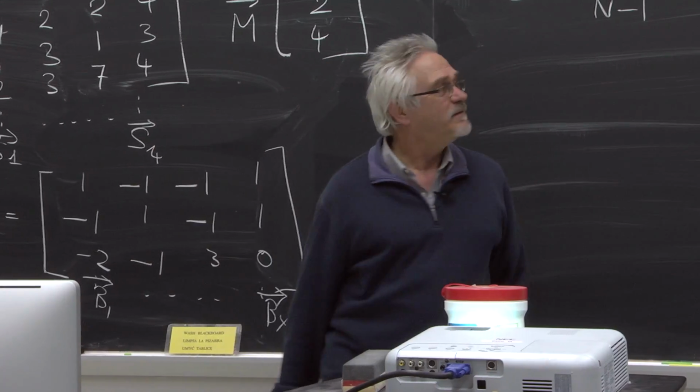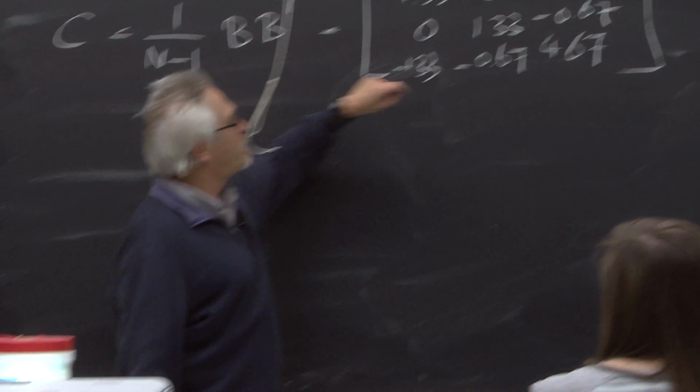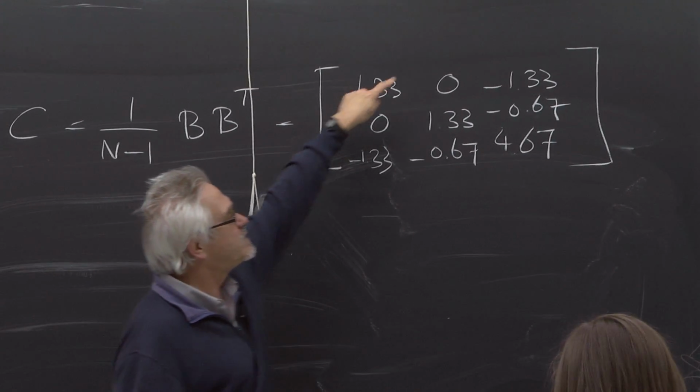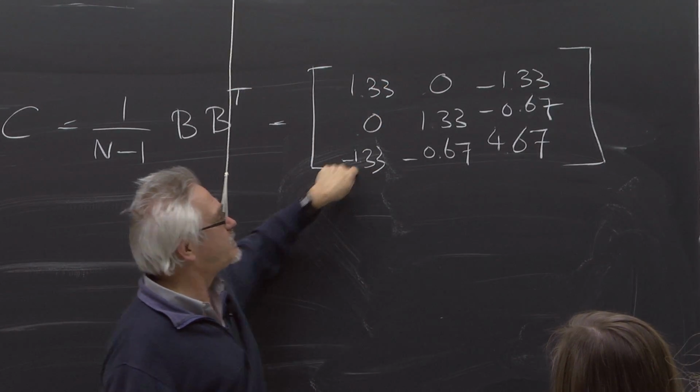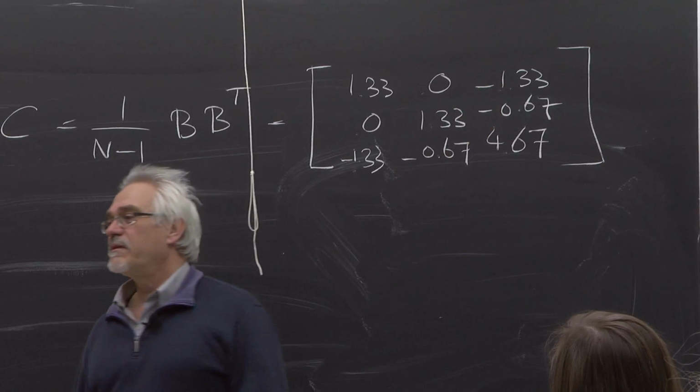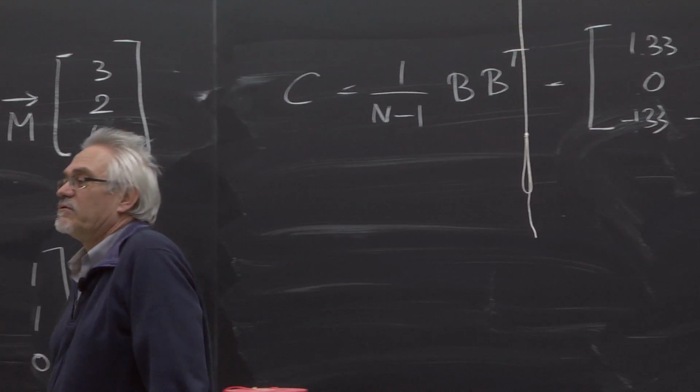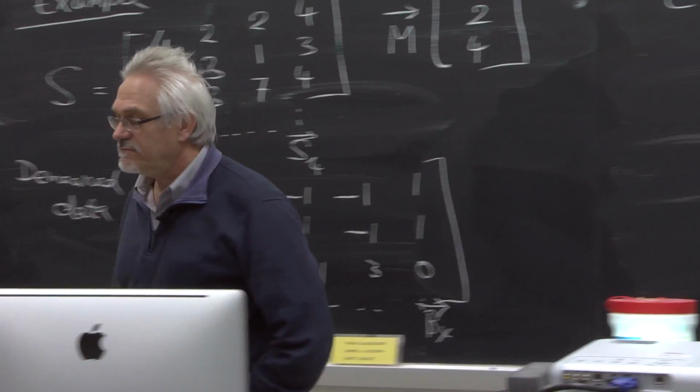Correctly, you're not surprised because the covariance between 1 and 2 is the same as 2 and 1. And so these things are the same. 1 and 3 and 3 and 1 are the same too. And so basically you're not surprised that that thing is symmetric.